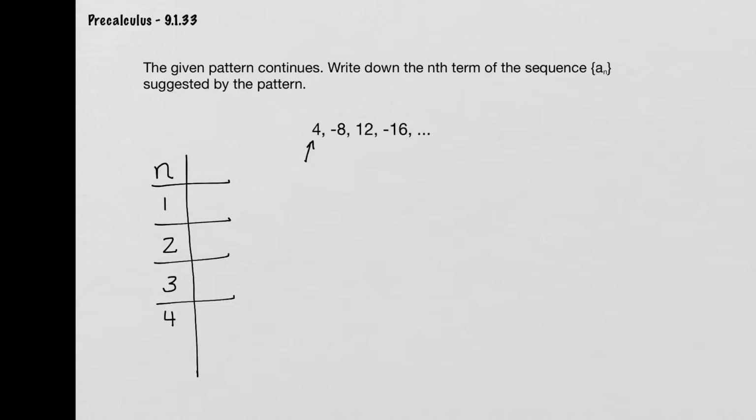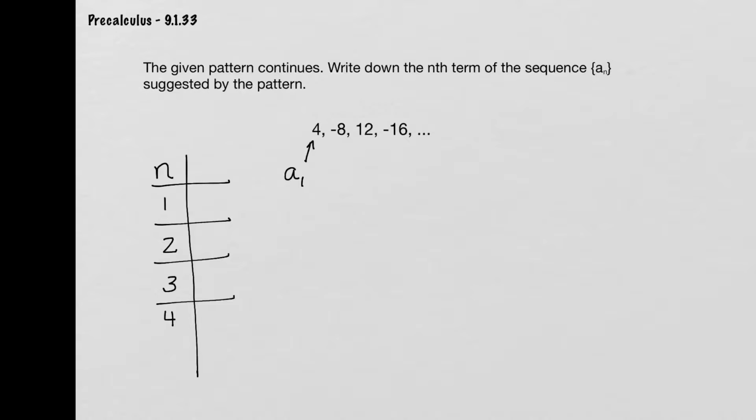Now, to try to come up with a formula for the nth term, I'm going to make a table. And I have 4 terms. So I have n, and I have a first term, a second term, a third term, and a fourth term. When n is 1, then our first term is 4.